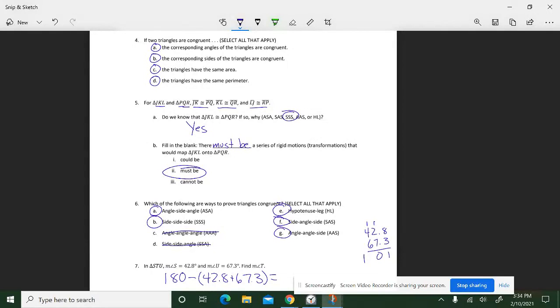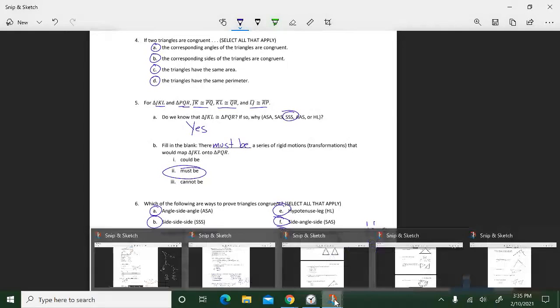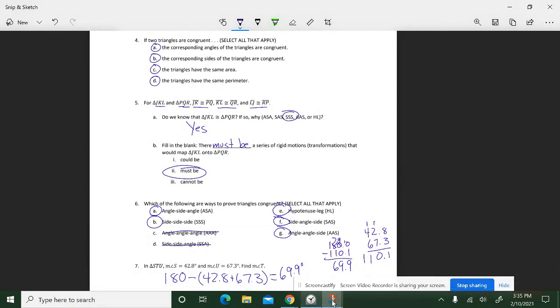And I get 110.1. So I'm going to subtract that now from 180. And I want to get 69.9 degrees. So add the 2 angles you know, subtract them from 180, that will tell you the third angle, 69.9 degrees.